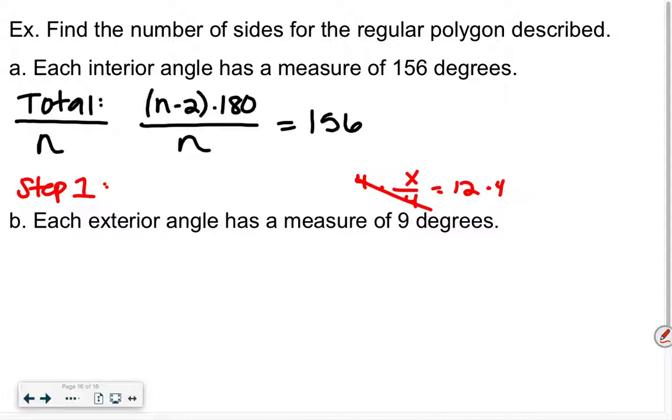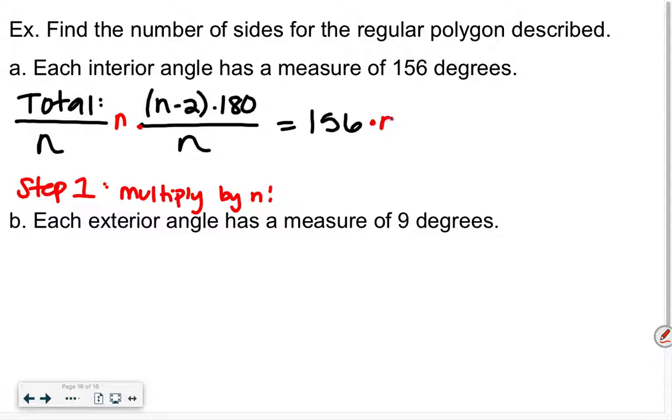So what is the denominator here? n. So I'm going to start by multiplying by n on each side, because that's going to eliminate the fraction and make this a little bit easier to look at.